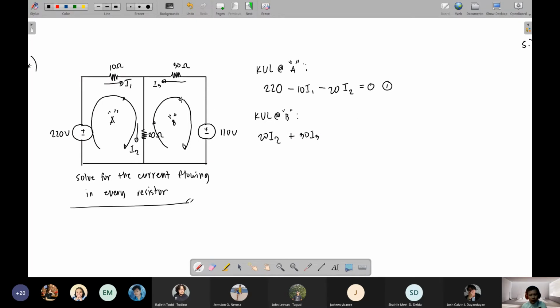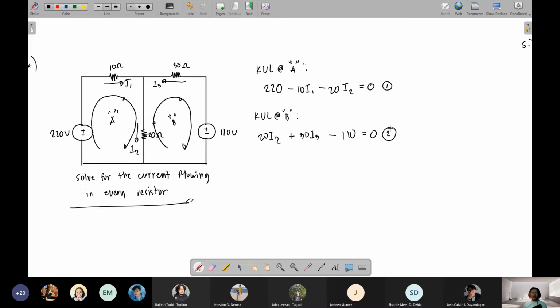Then the loop flows through the 110 volt source. It enters the positive side and exits the negative side, so you follow the exit point. This will be negative 110. Then it goes back to the starting point, so you equate this to 0. So you now have your second equation.